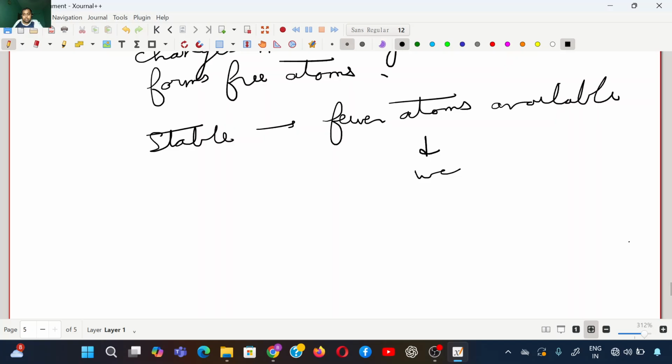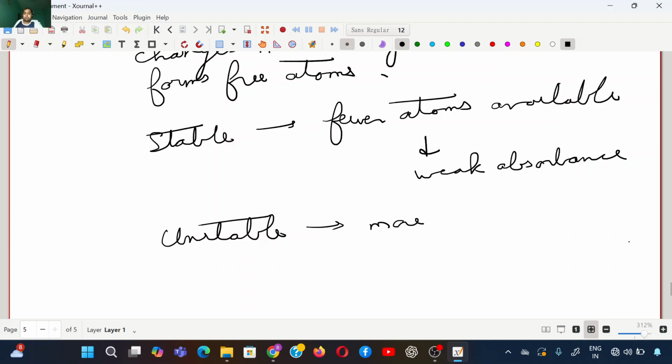This gives rise to a weak signal. But if those ensuing compounds are unstable, we'll have more atoms available. Strong absorbers.